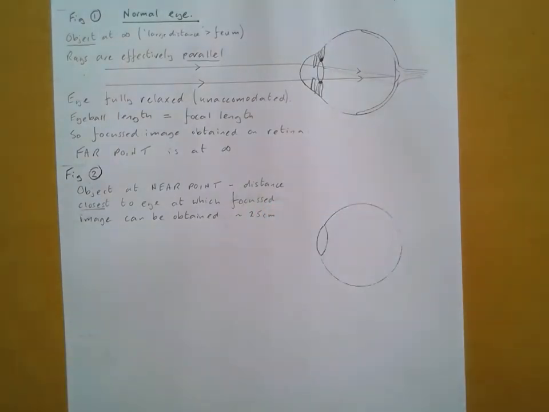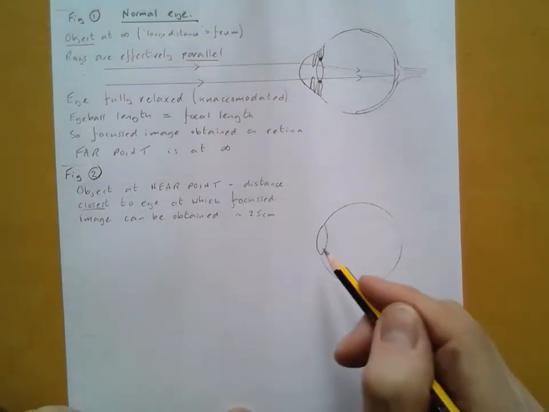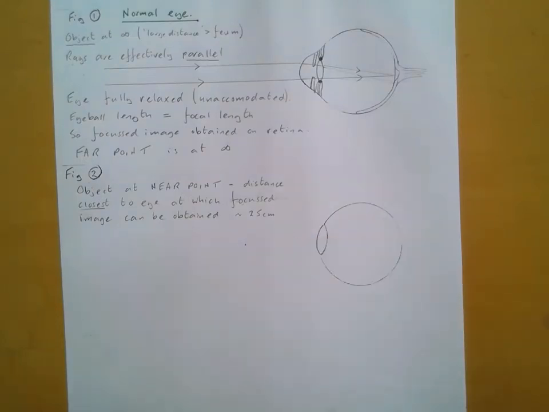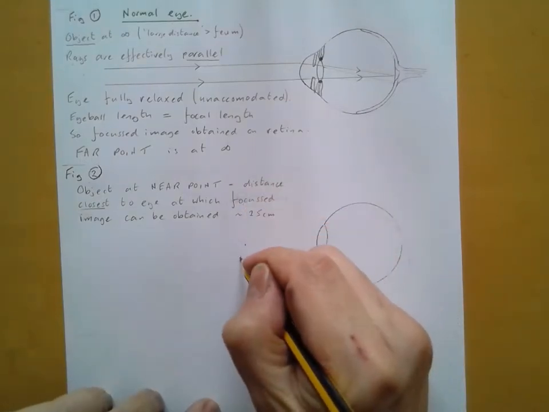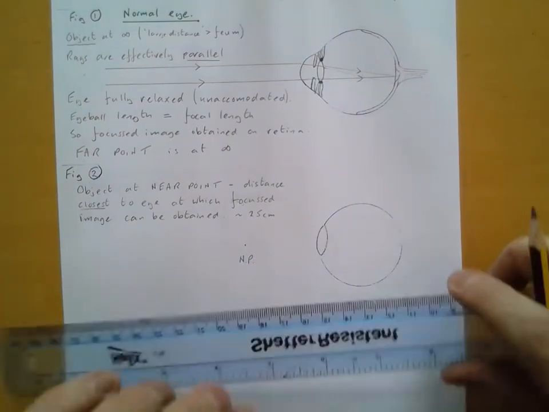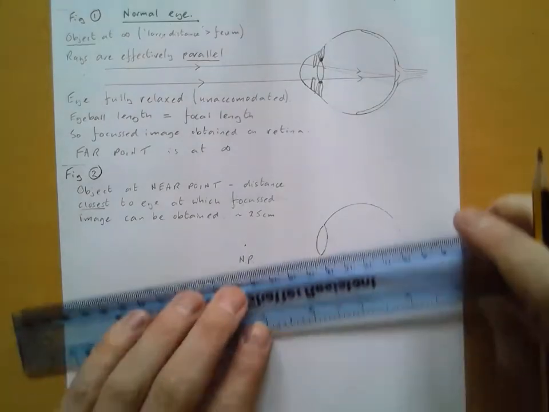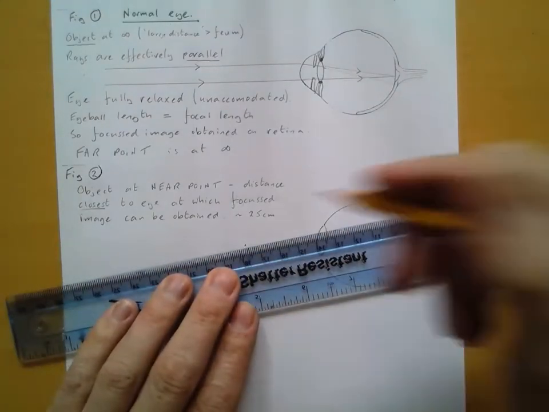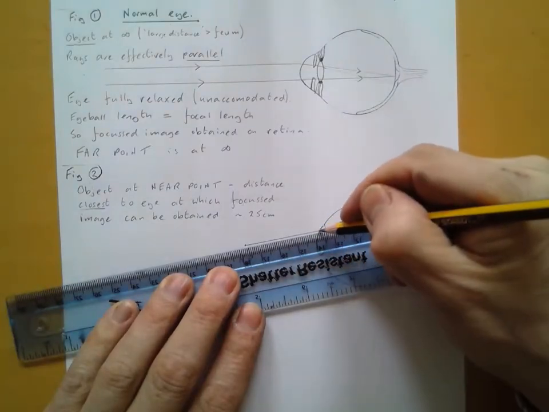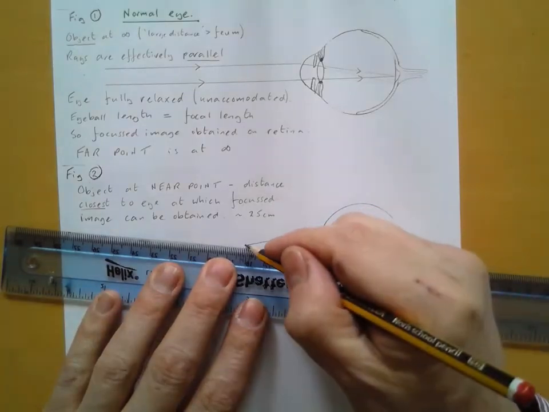for normal eye. So here's the eye. I've simplified this time, just drawn the eyeball and the lens. So the near point would be, say, here. And if we represent the object as just a point object, because it's close to the lens, we can no longer suppose that the rays are parallel.